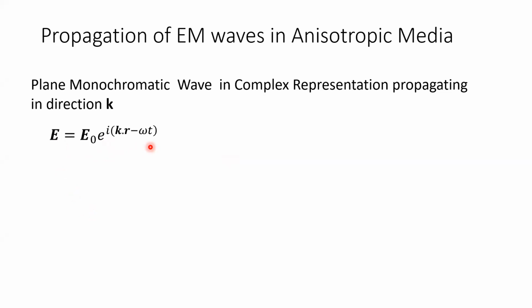Now, with this exponential factor here, we can get a phase velocity, and phase velocity is the ratio of the angular frequency divided by the magnitude of the wave vector. Remember, the magnitude of the wave vector is 2 pi by lambda.